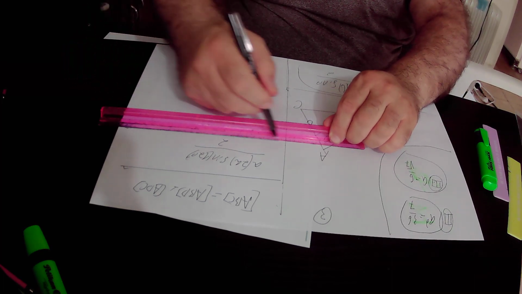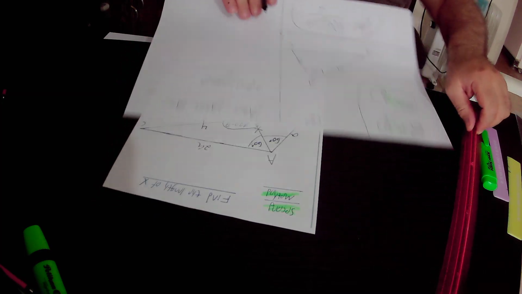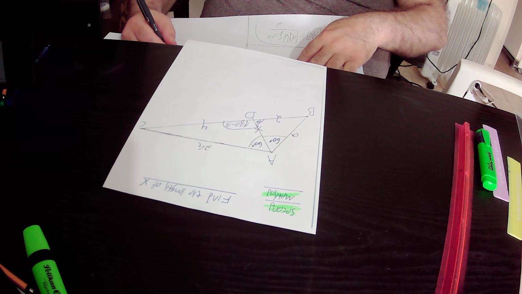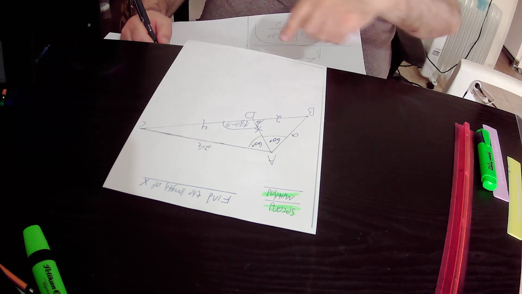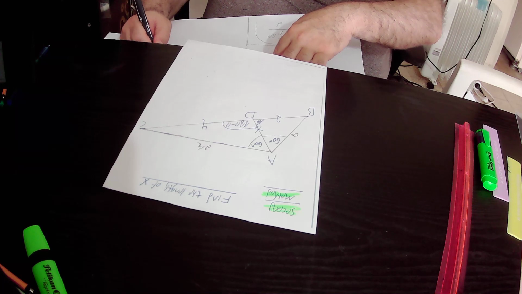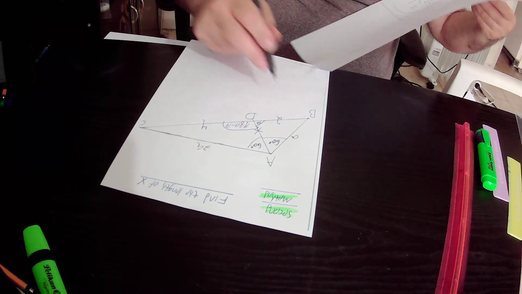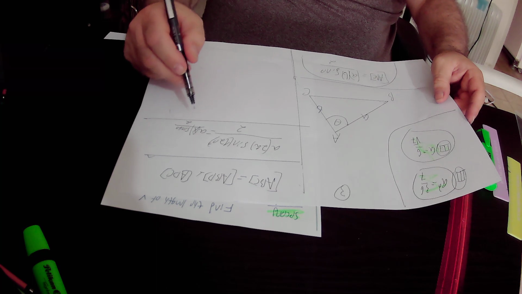And what is the area of triangle ABD according to the new formula? The area of triangle ABD equals A times X times sine 60 degrees over 2.